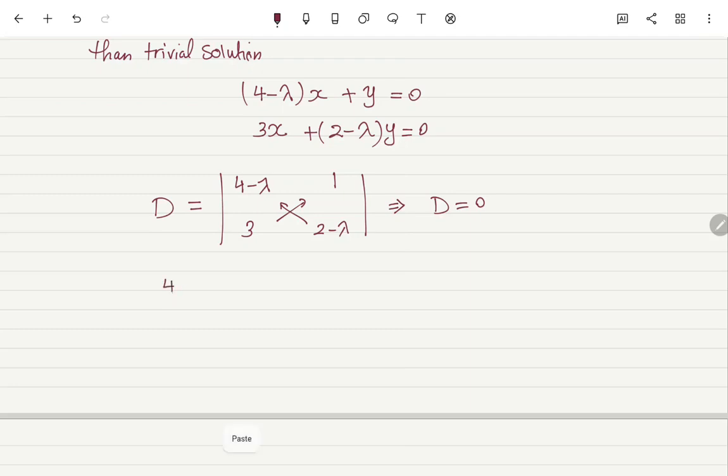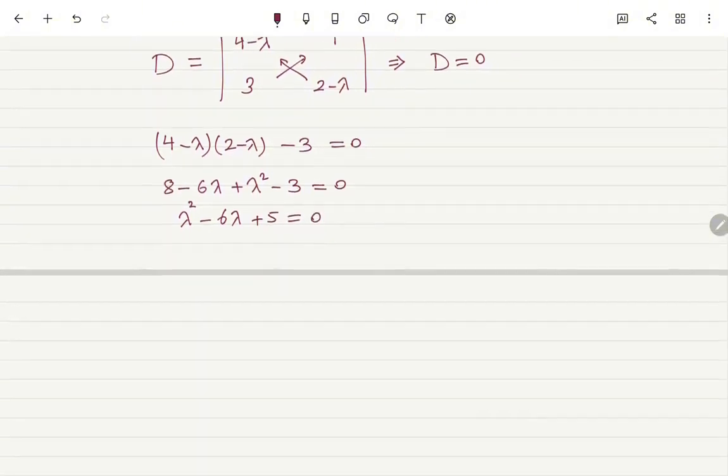So (4 minus lambda) times (2 minus lambda) minus 3 equals 0. 8 minus 6 lambda plus lambda squared minus 3 equals 0. Rearrange this: lambda squared minus 6 lambda plus 5 equals 0.